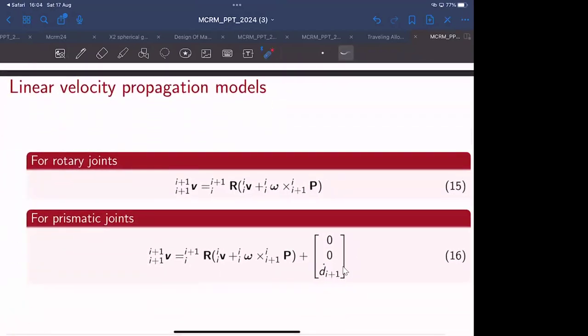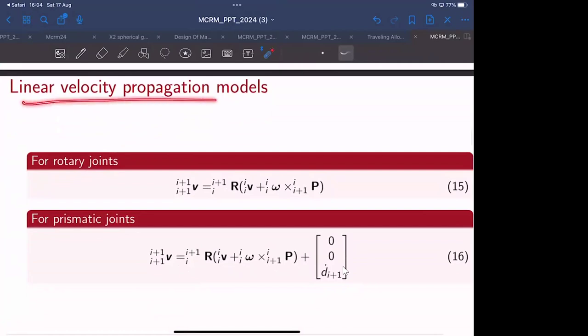And another thing is the linear velocity propagation for rotary as well as prismatic joints.